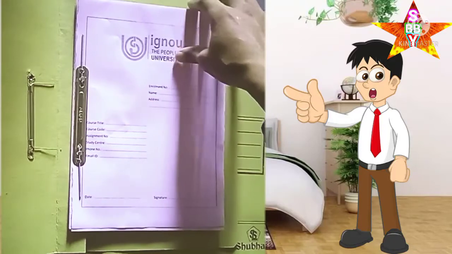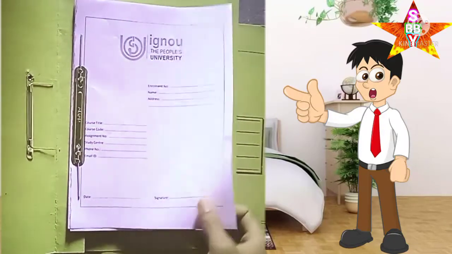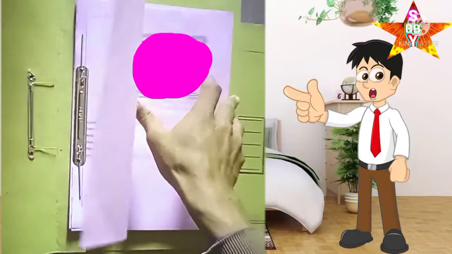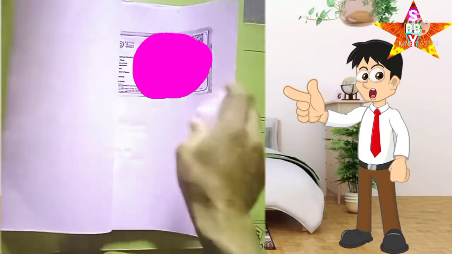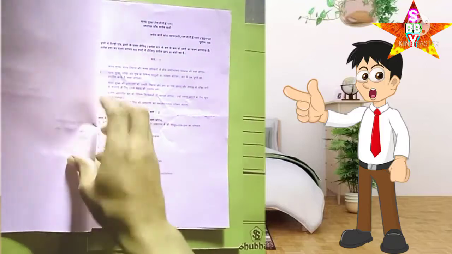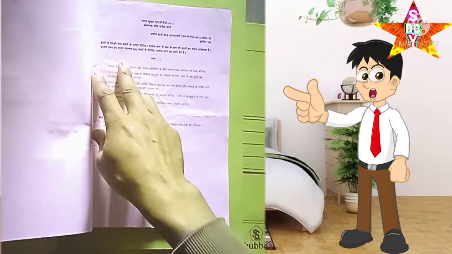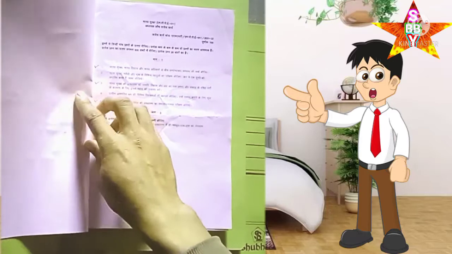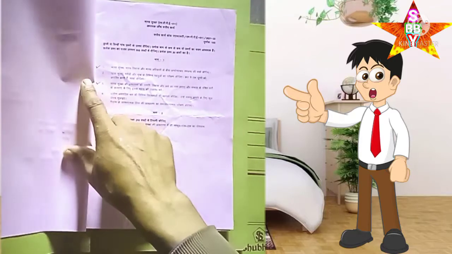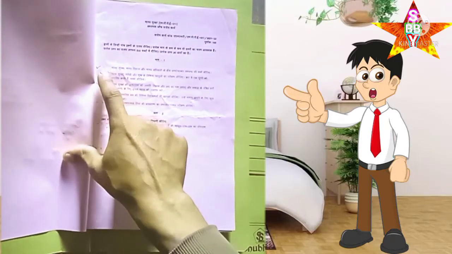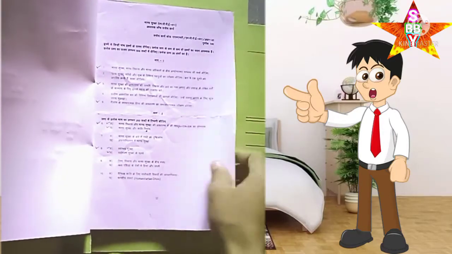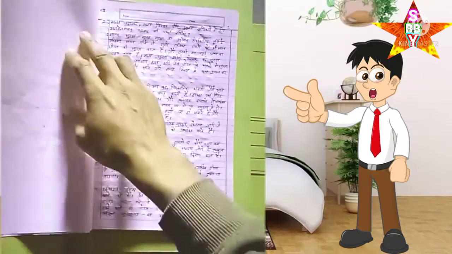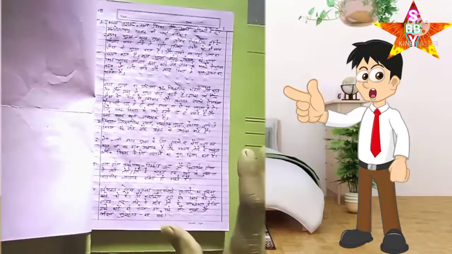You have to attach the assignment front page, then your identity card, then the question paper. Then you have to tick mark which questions you have attempted. So you can see, this is an assignment for example.